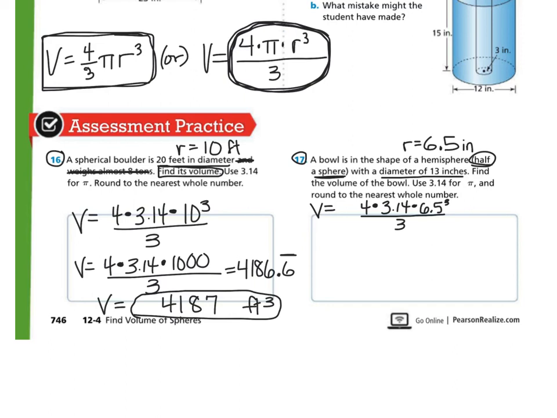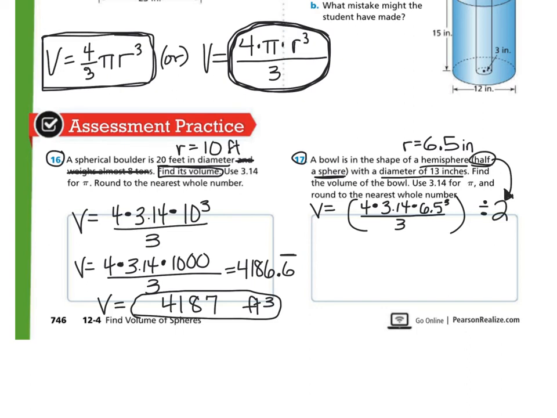Now remember, this is the volume of the entire sphere. So this would be if I had a bowl that was entirely rounded all the way around. But this is not. This is a hemisphere, which means it's half of that. So after I get the volume of the entire sphere, I'm then going to divide that by 2 because I only have half of a sphere that makes up that bowl.